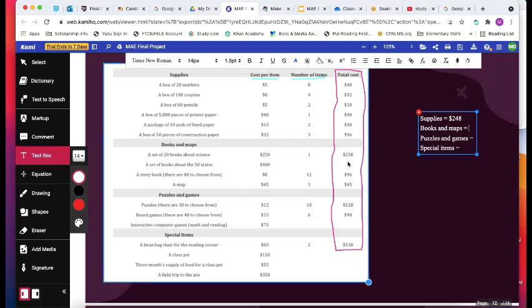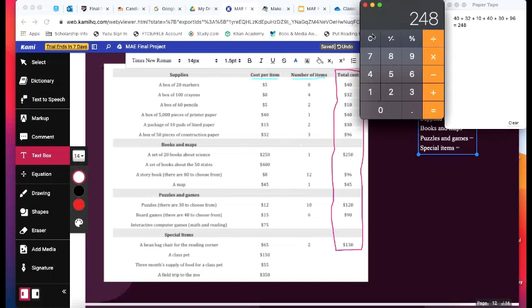All right, let's look at this next one. For books and maps, we have $250 plus $96 for a storybook, for 12 storybooks, I'm sorry.